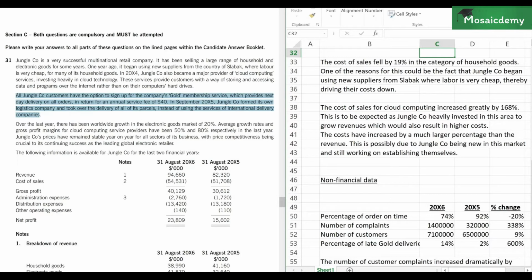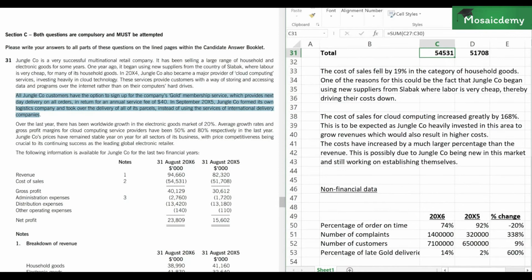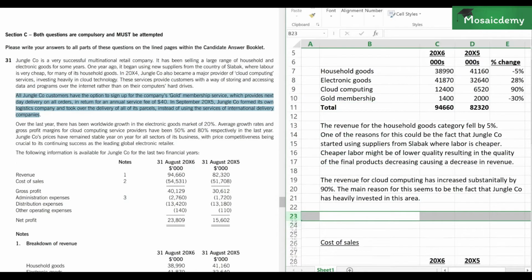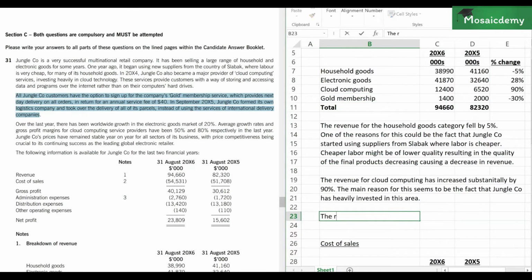And we would expect this to result in Gold membership revenues falling as well. Let's see if that happened. Yeah, so revenues have fallen by 30%, so we can mention that. The revenue for Gold membership has fallen drastically by 30%.